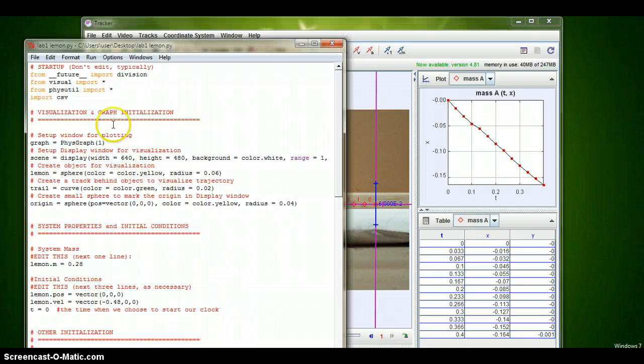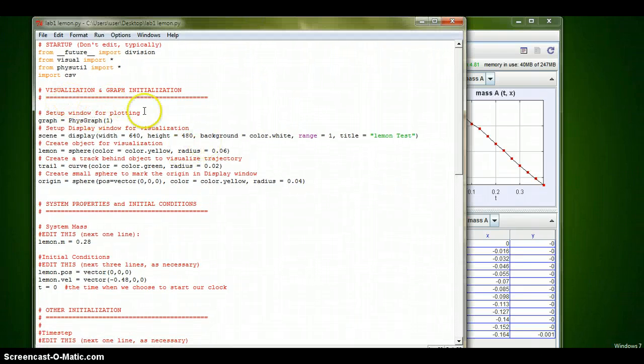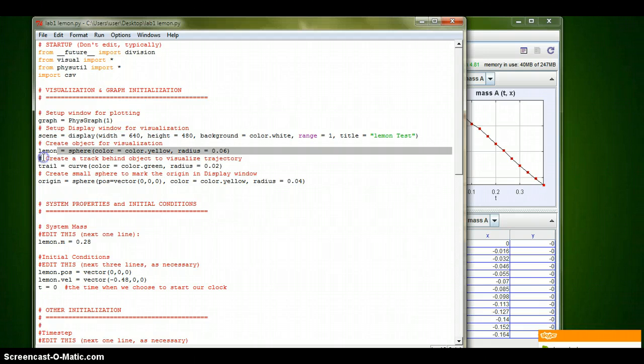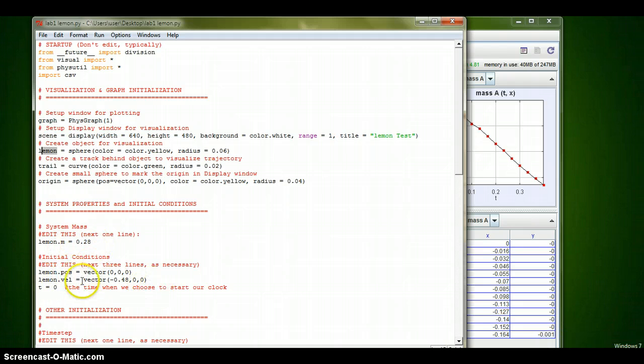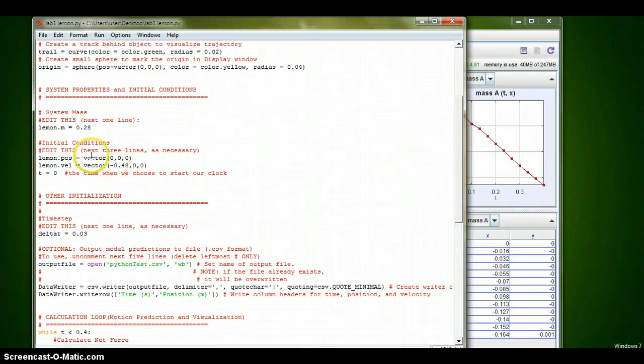I have here the model on VPython for the same object we created here. I have defined some variables as lemon and lemon.m for mass, equal to 0.28, and lemon.pos refers to a vector for the initial position for this model.